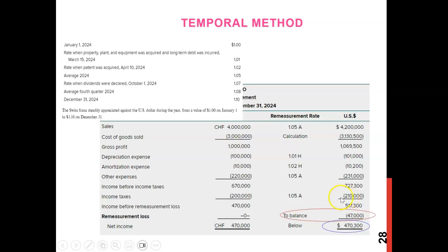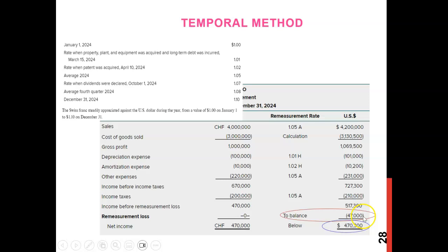But after subtracting income tax, this number, 517,300, the converted income statement number in dollars, does not match with the composite net income number we copied and pasted from our converted statement of retained earnings.